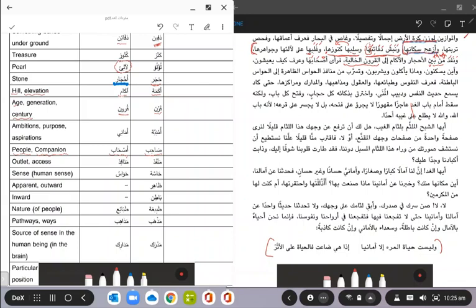Sometimes this word sahib has other meanings. If I say sahibul bayt, it can also mean the owner or the one who owns something. Let's say in the classroom, if I see a book, I could say man sahib hadha al-kitab, right?